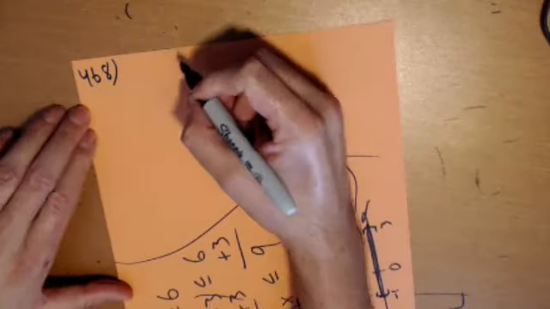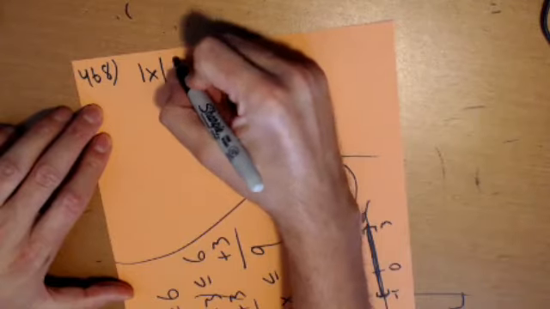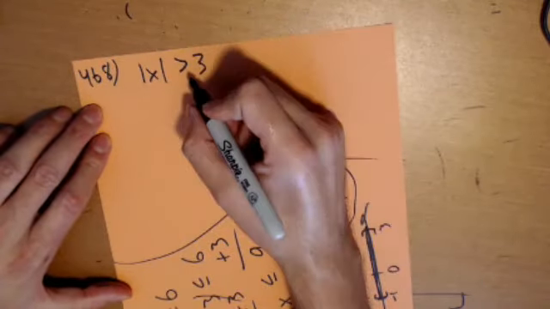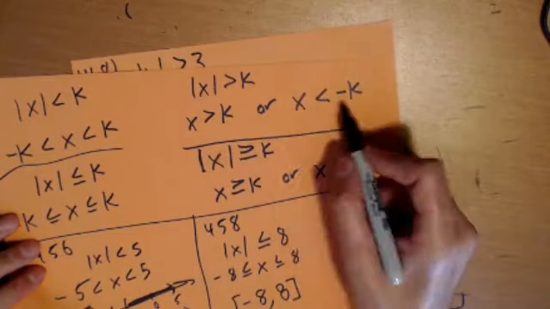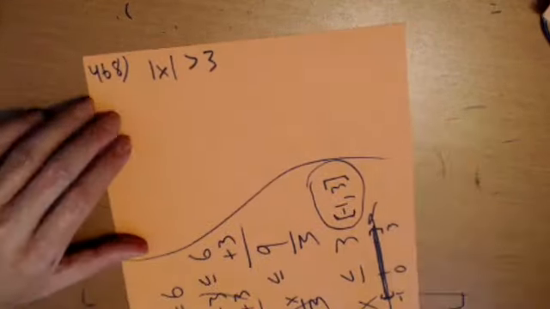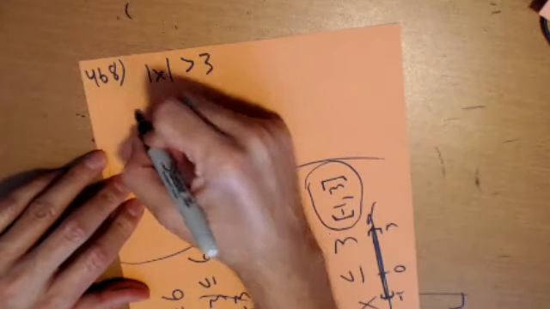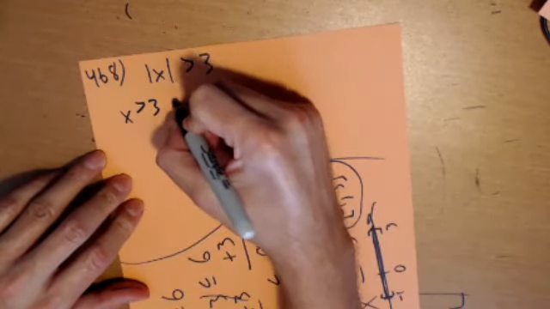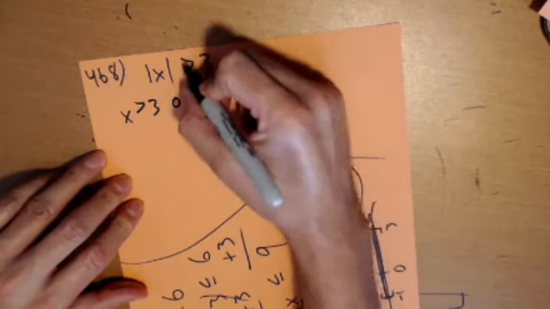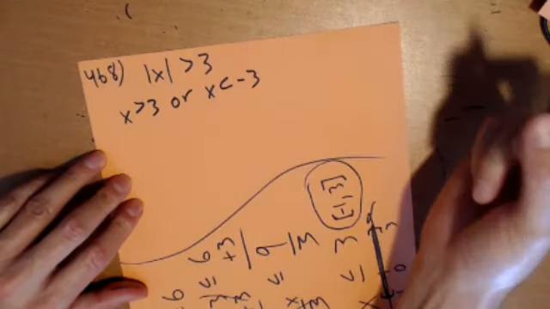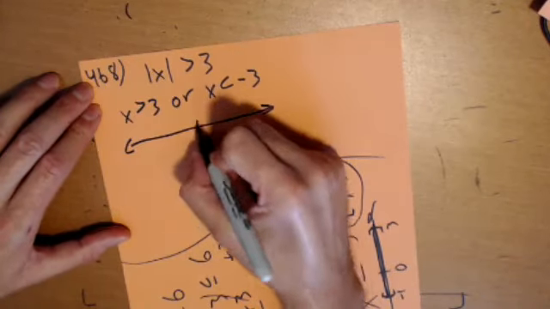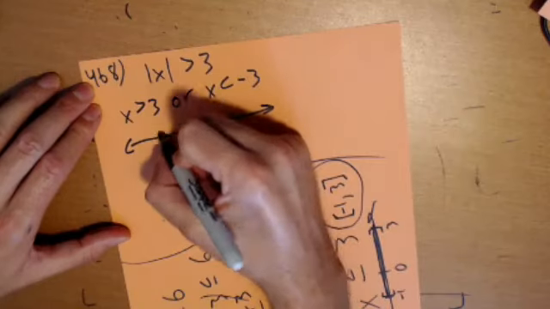So then, let's jump to 468. We have absolute value of x is greater than 3. Ooh, greater than situation, I got to do the double switcheroo thingy. Okay, so to get rid of those absolute value bars, it's x greater than 3 or double switcheroo x. Switch the symbol, switch the sign. Okay. Let's graph it. There's 0, there's 3, there's negative 3.